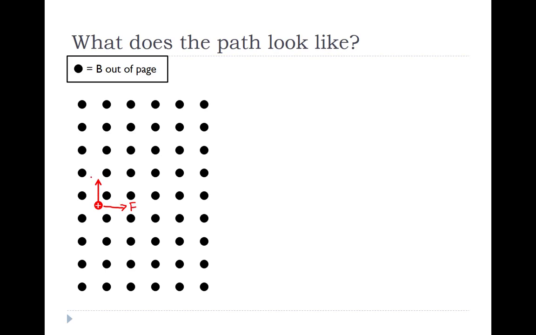But because there is a force to the right, that means this is going to change direction. So a little while later, it might be moving in this direction. If you again do the right-hand rule, you will find that the force is now going to point this way, and it's still going to be changing direction. And it will just keep doing this. So the path for this looks like a circle.